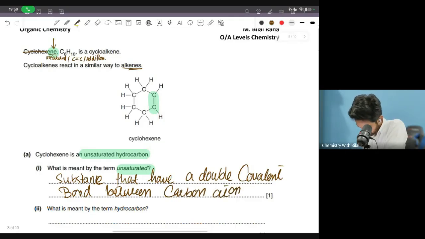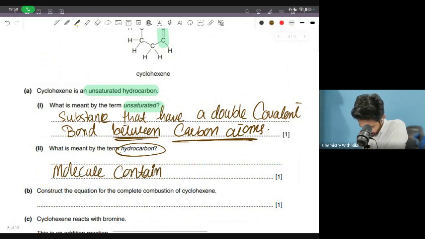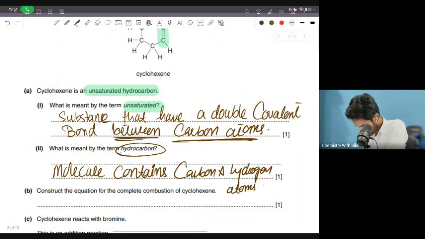Double covalent bond के साथ आपने पूरी बात लिखनी है. Between carbon atoms. What is meant by the term hydrocarbon? So a molecule that contains carbon and hydrogen atoms only. Atoms only जरूर लिखना है आपने.